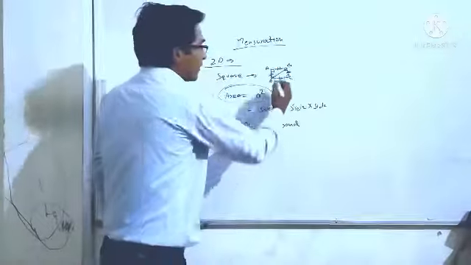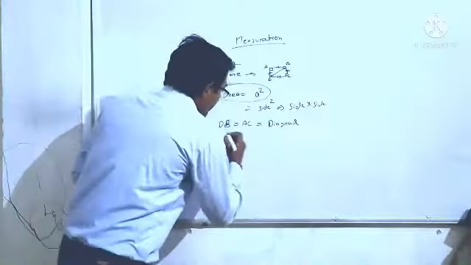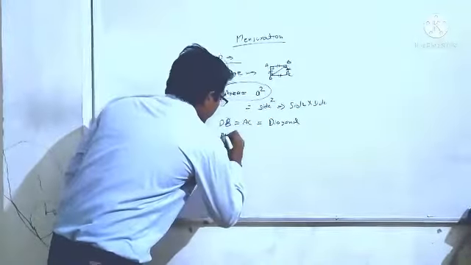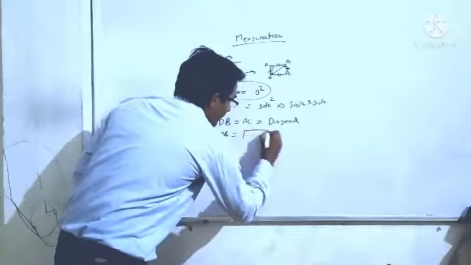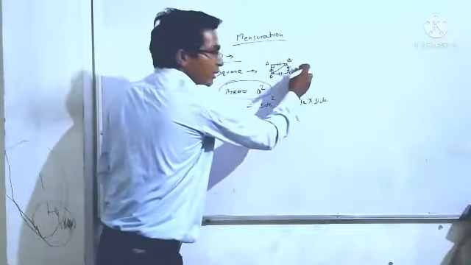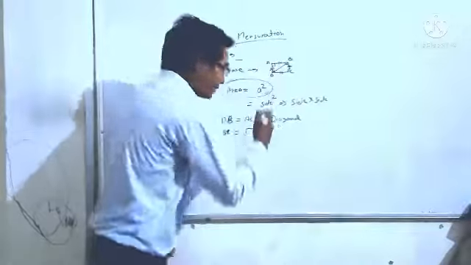So according to that, DB equals under root of perpendicular square plus base square.